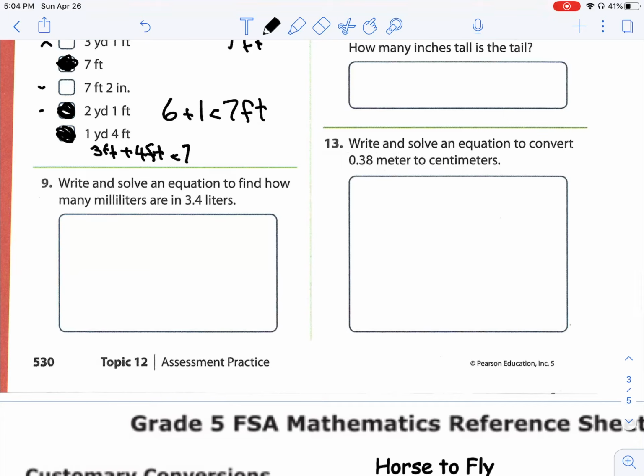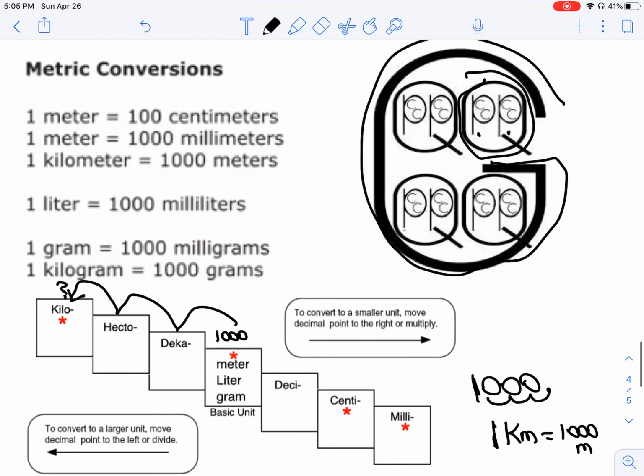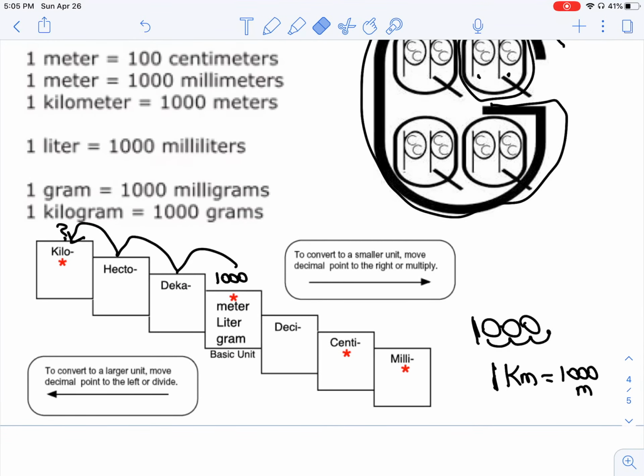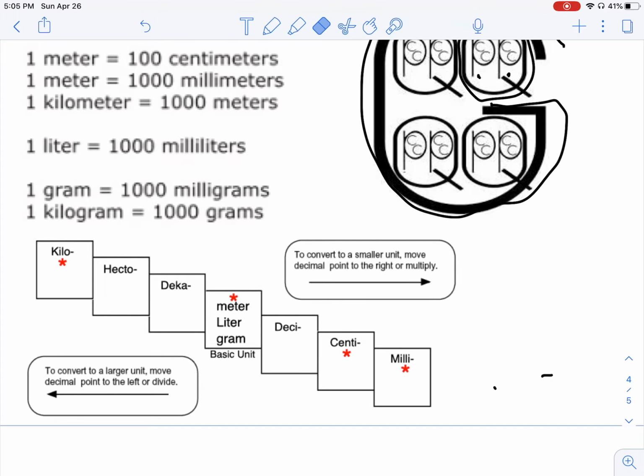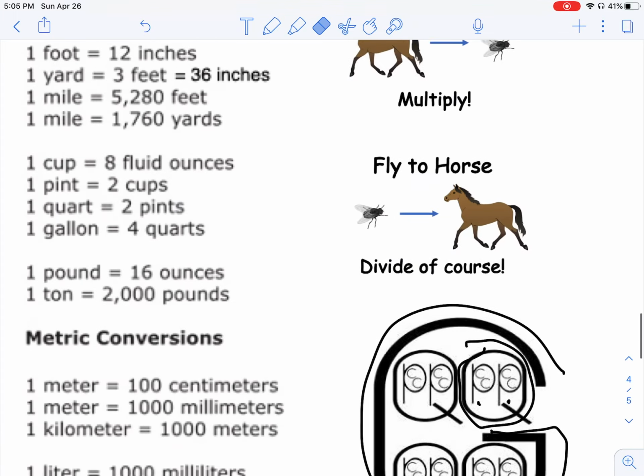Number 9, write and solve an equation to find how many milliliters are in 3.4 liters. How many milliliters? I'm just going to put that. And it's going to be 3.4 liters. Okay, let's go take a look. I forgot what it was.